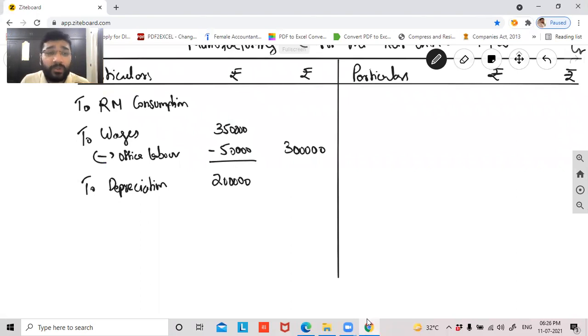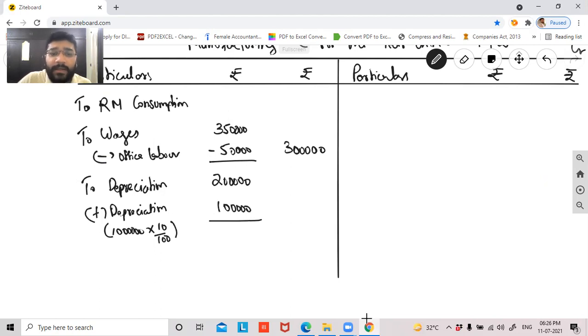But you and I, both of us, know that this machinery has indirectly contributed in the manufacturing. So we have to definitely record the additional depreciation. So add depreciation on 10 lakh rupees, guys. 10 lakh into 10 by 100. You can show the workings here. So 1 lakh rupees you further add, guys.